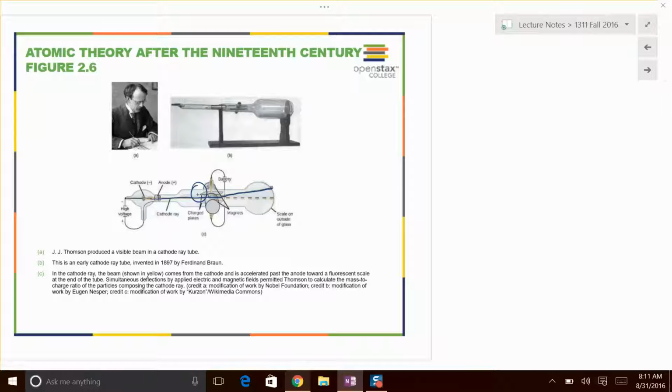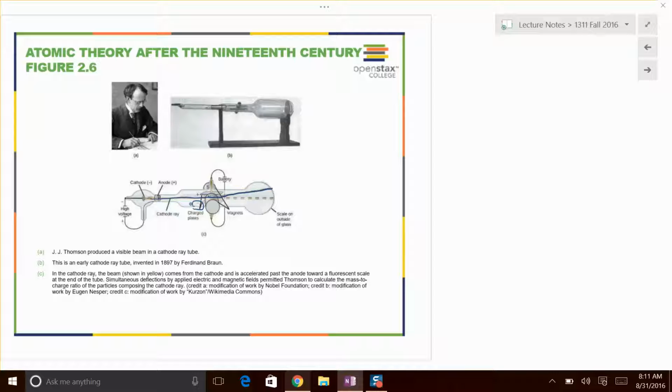So it bends towards the positive plate. He's like, okay, that's cool. So let's try the negative plate. So he turns off the positive plate, turns on the negative plate. The exact same thing happens. It goes away from the negative plate. It bends away from the negative plate.